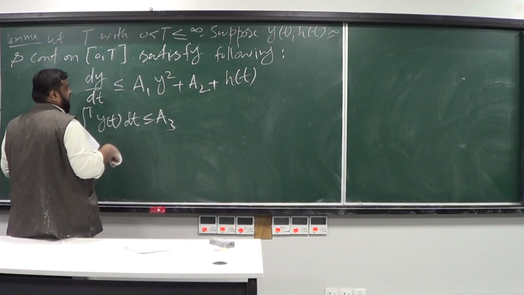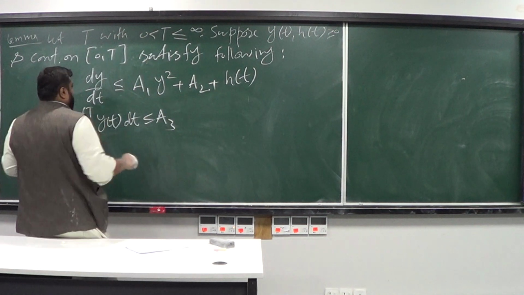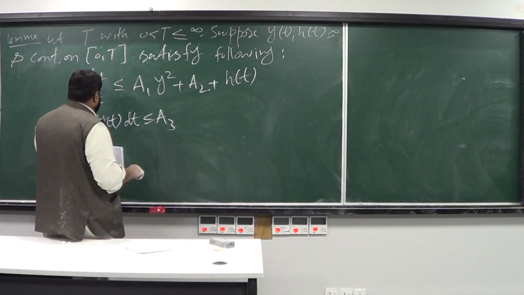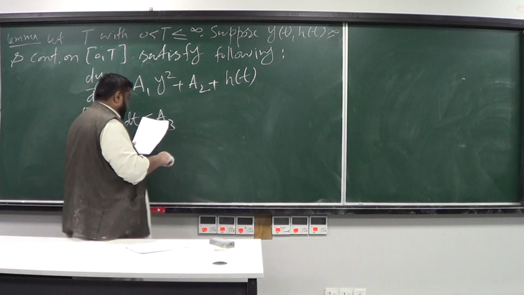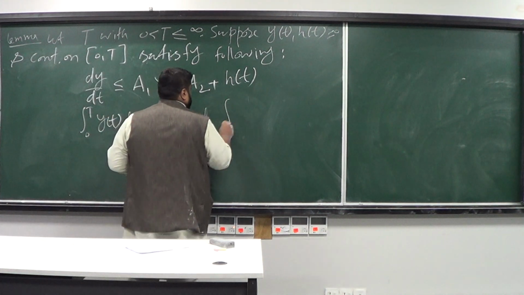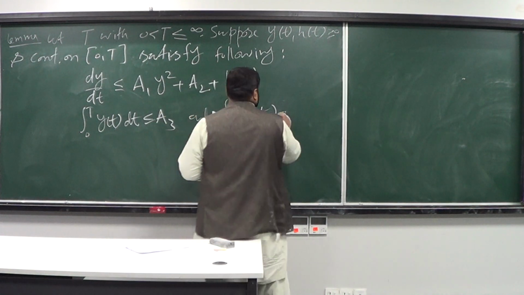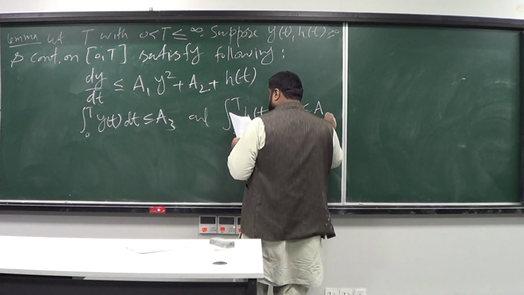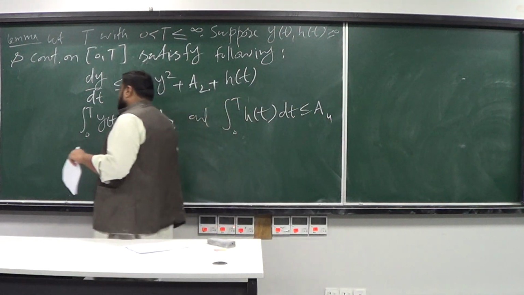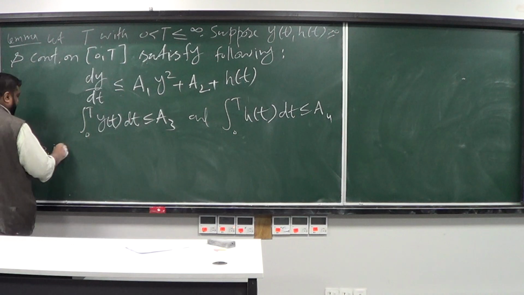I'll talk in a moment about h(t), but we have already said it. So the integral of y(t) can be estimated by a constant a3, and the integral of h(t) can also be estimated by a constant, say a4, where all of these a_i are non-negative for i = 1, 2, 3, and 4.